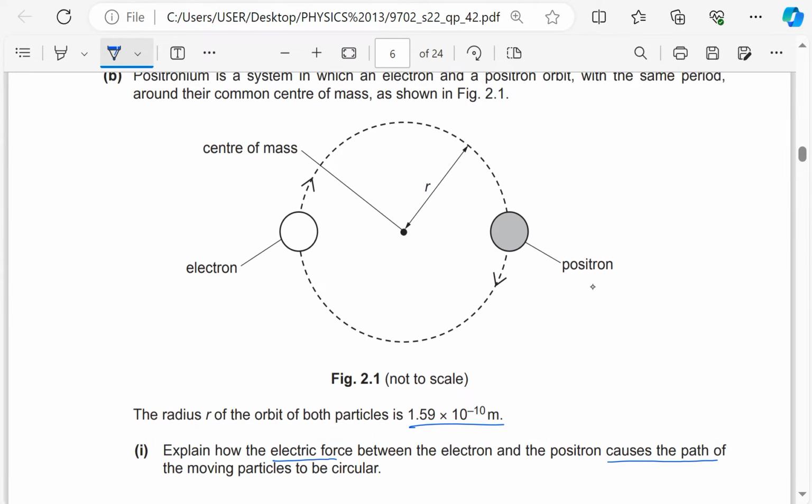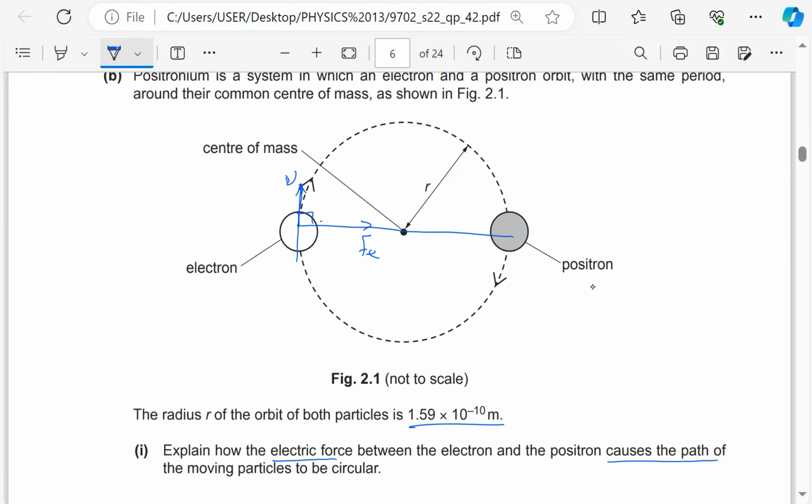So the electric force, of course, if this is a particle moving, its path is that one, and the electric force is going to be between the two particles, which is going to be perpendicular to the path of the particle. This is the force, and this is the direction of the velocity.